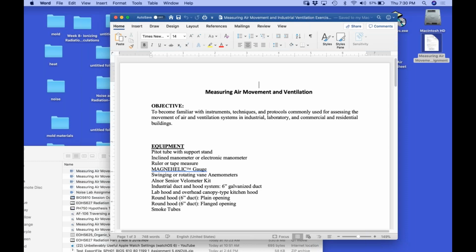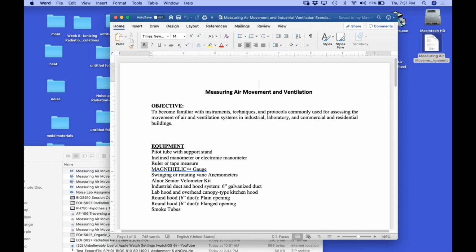It's 6 inches, so half a foot is a quarter of a foot, 0.25, is the radius. So 0.25 times 0.25 times 3.14. Cross-sectional area, pi r squared.